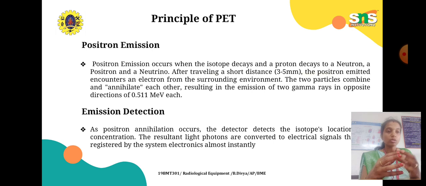After the combination of both, they will emit gamma rays, which will be identified by the gamma camera.